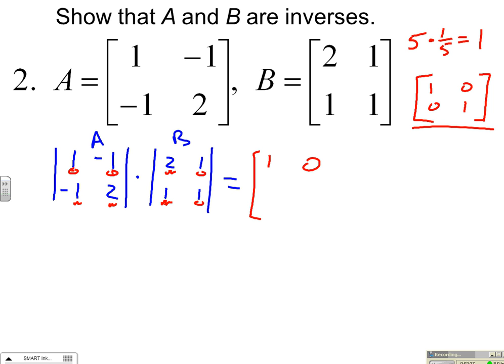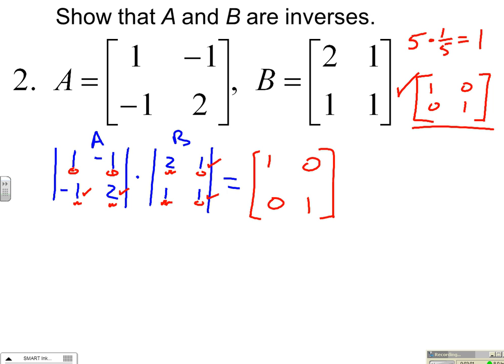So negative 1 times 2, negative 2, plus 2 times 1, 2, negative 2 plus 2, 0. And then finally, I'm going to take this times this and add to it this times this, and I get negative 1 plus 2, 1. And I see, yes, in fact, we did arrive at this.